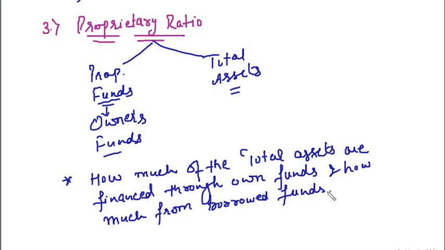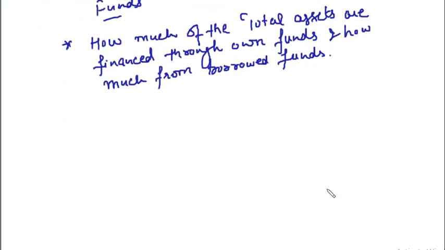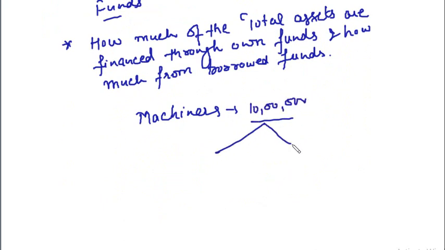What does it mean? How much of the total assets of the business have been financed from our own pocket rather than borrowing money from the market. Take an example. You have purchased a machinery worth rupees 10 lakhs. Now, there are two scenarios.